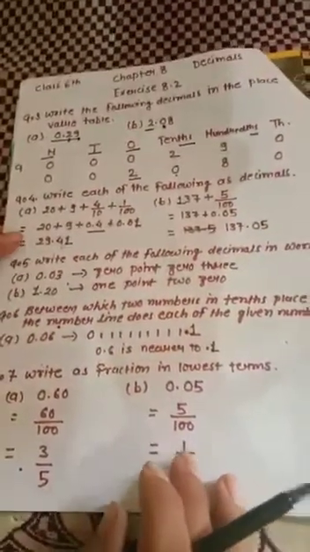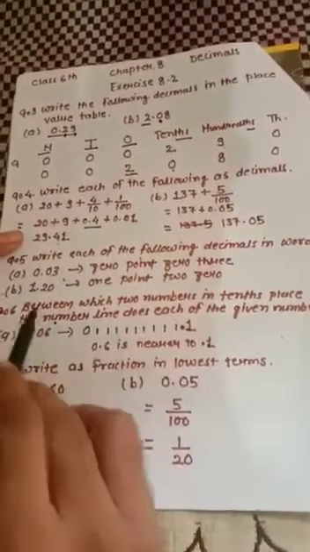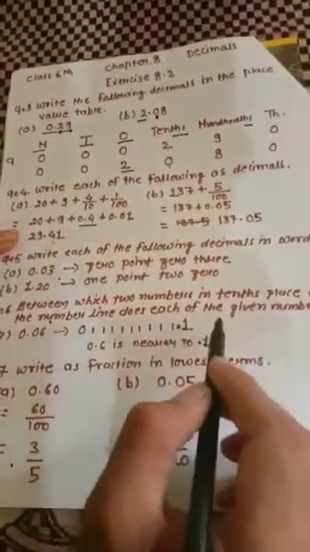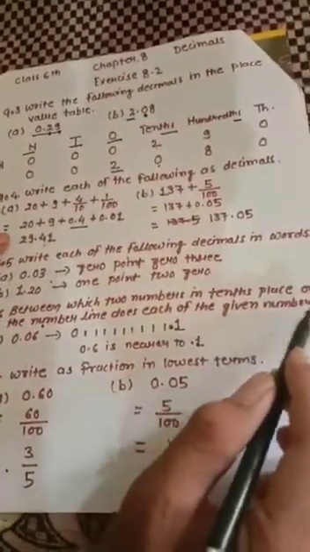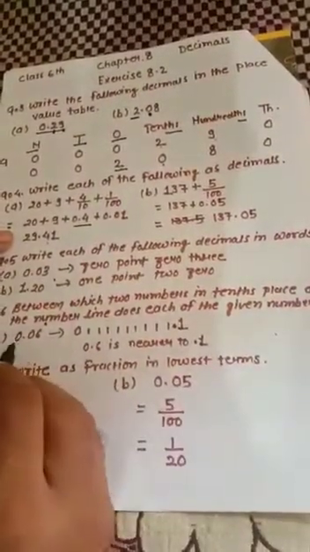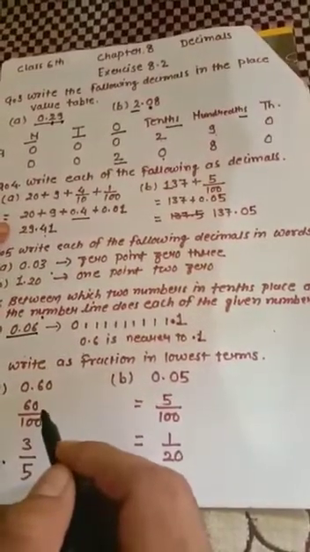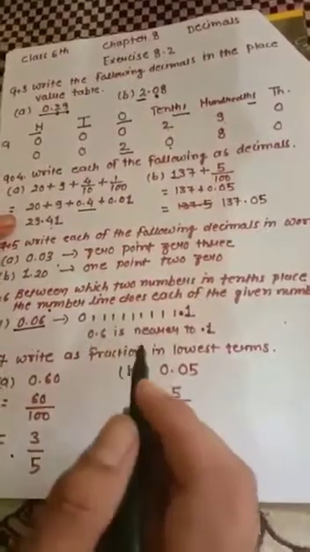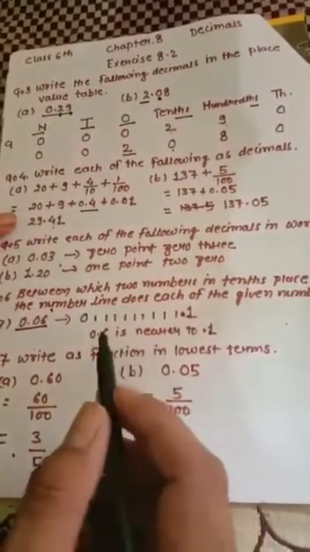Now come to the next question, that is question number 6, says that between which two numbers in the tenth place on the number line does each of the given numbers lie? That means we have to say that 0.06 lies in between which two numbers.